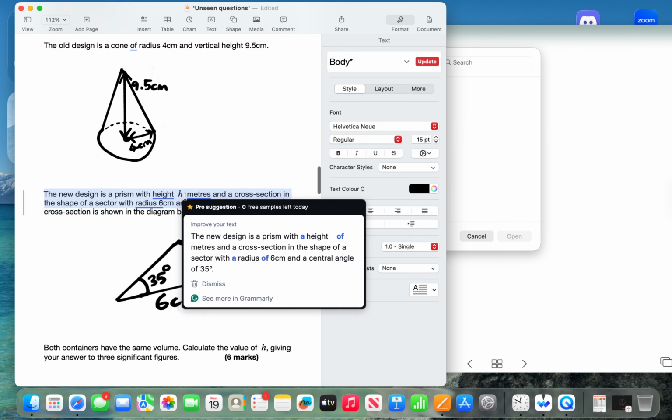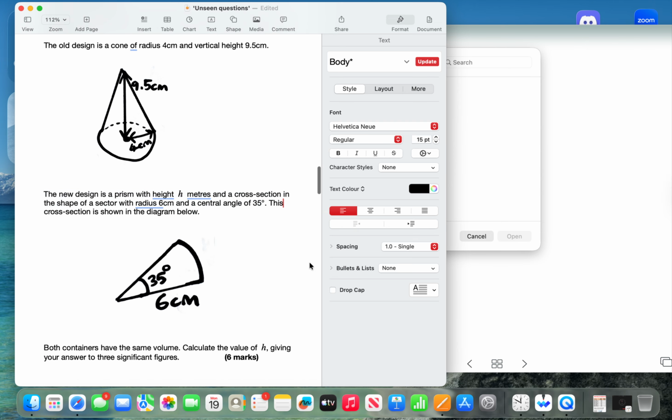But they've changed the design to a prism, and it has a height of h and a cross section as shown in the second diagram. Both containers have the same volume, so calculate the value of h, giving the answer to three significant figures.